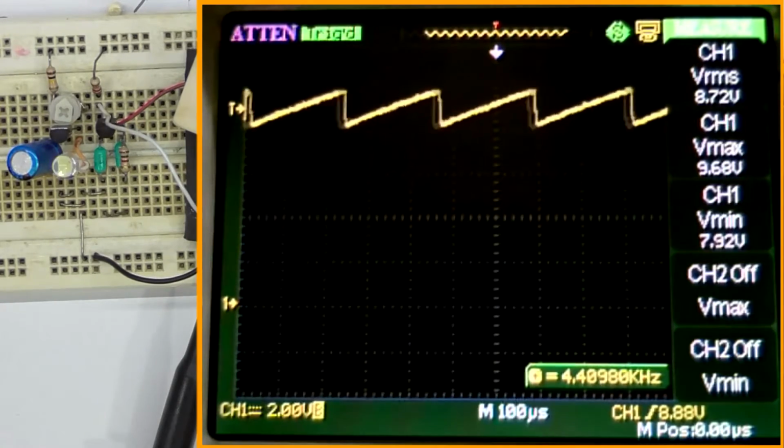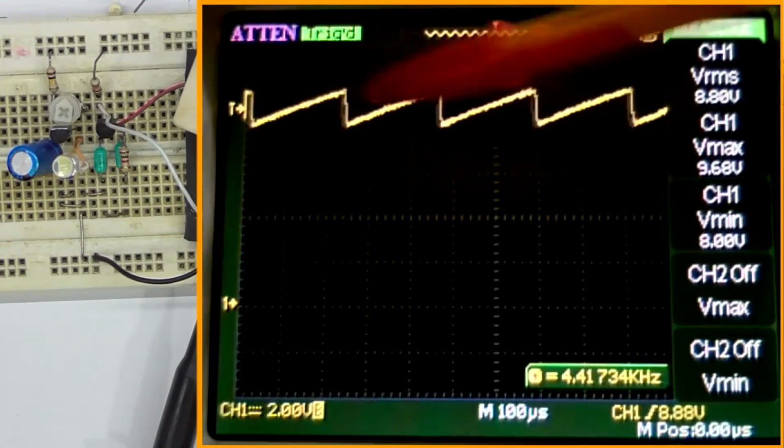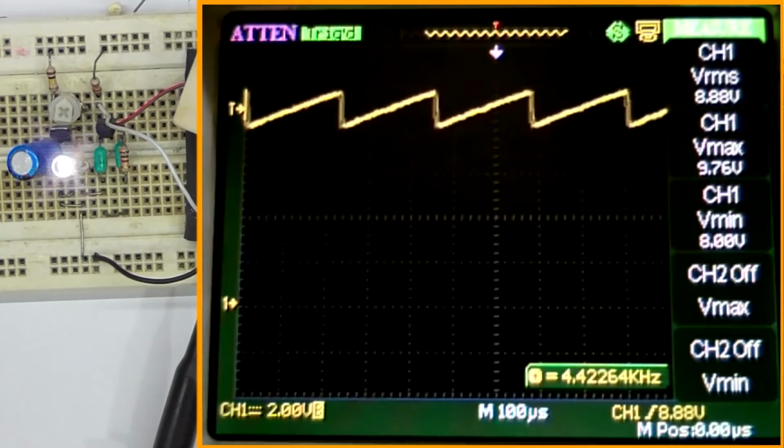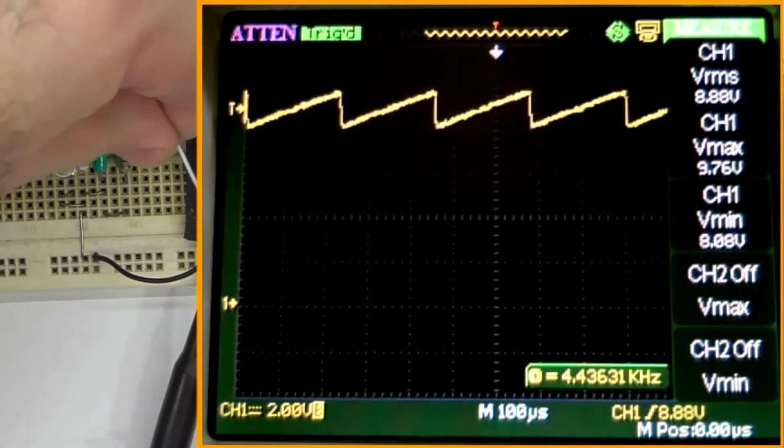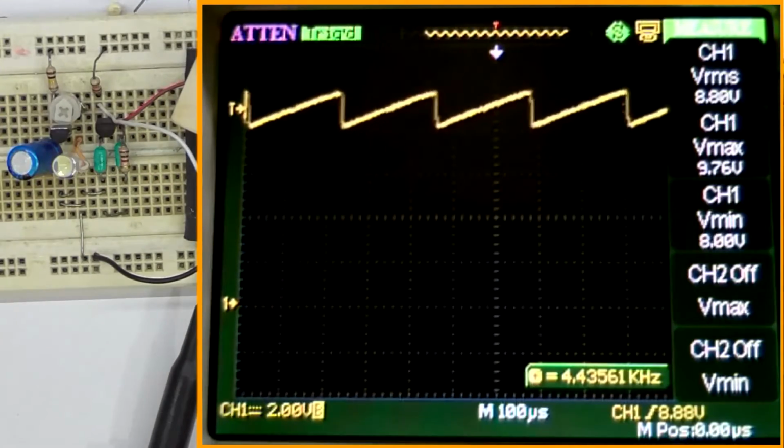So I can still be on DC and just move the trigger up to the appropriate point, and then the frequency will start to give me reasonably accurate results. You can see the current consumption is just bordering on 1.1 milliamps. I've taken the warble away so that you can hear any frequency changes, and ambient temperature is around about 28 degrees or so.